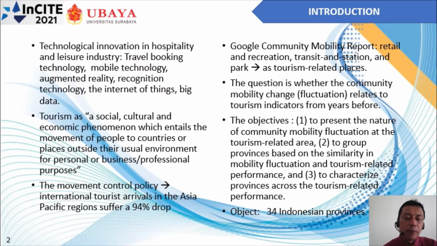The World Tourism Organization reported that international tourist arrivals in the Asia-Pacific regions suffered a 94% drop between January to March 2021 compared to the same first quarter of 2020.